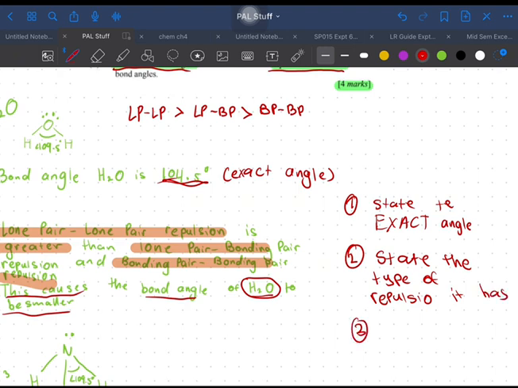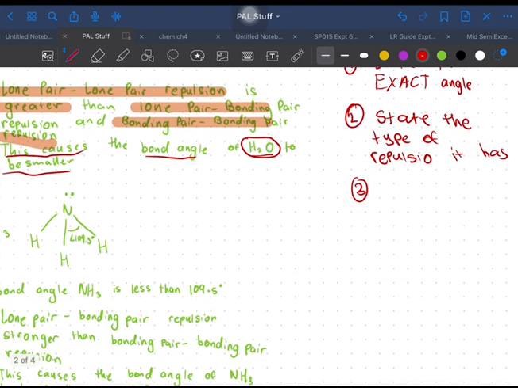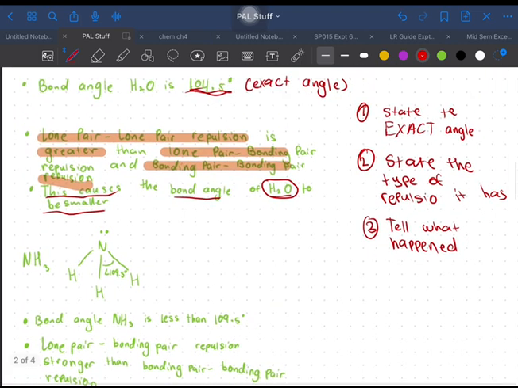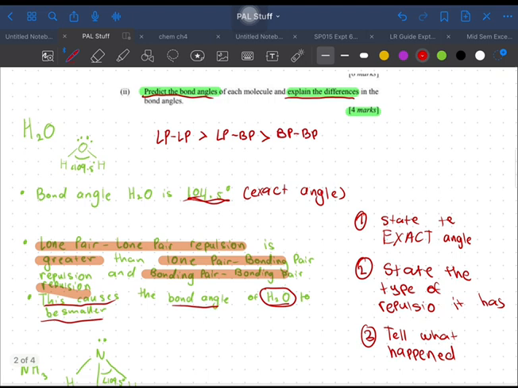Number 3, tell what happened. So number 1, we just take the exact bond angle, and then state the type of repulsion.